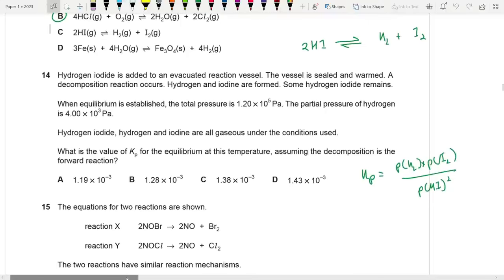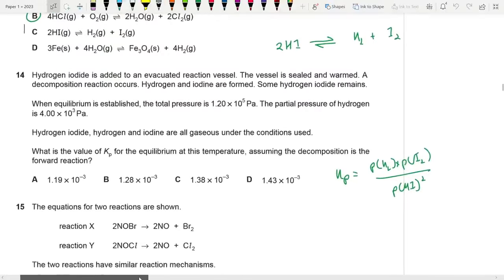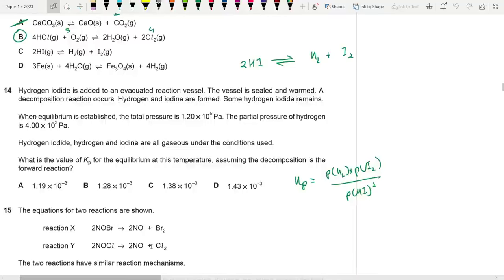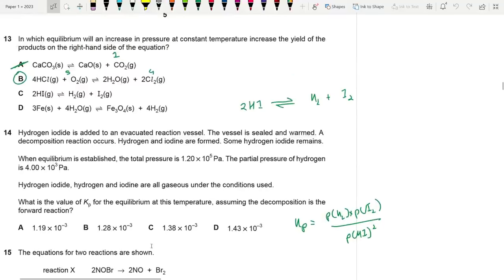Now, hear me out. We have the partial pressure of hydrogen. So what's the formula for partial pressure? Partial pressure of hydrogen is actually equal to the mole fraction of hydrogen times the total pressure.